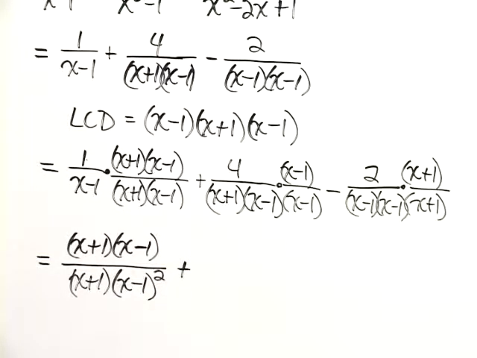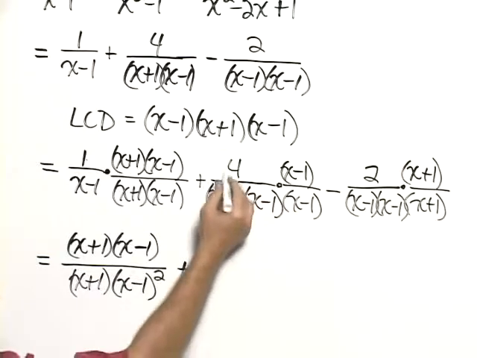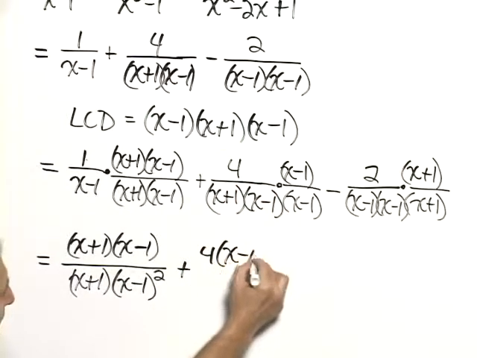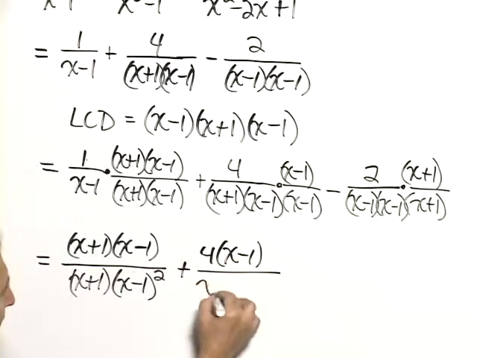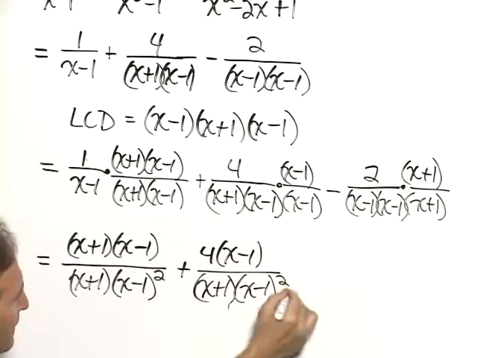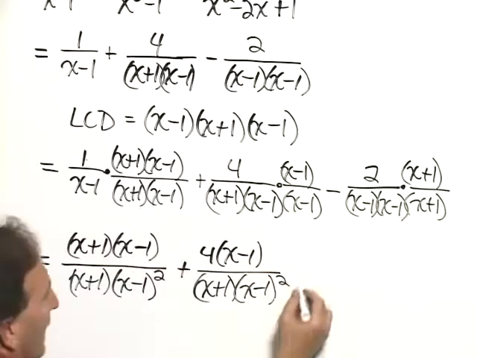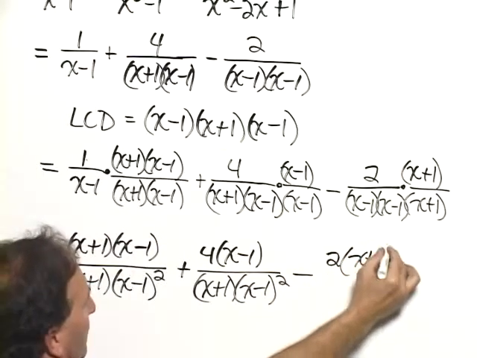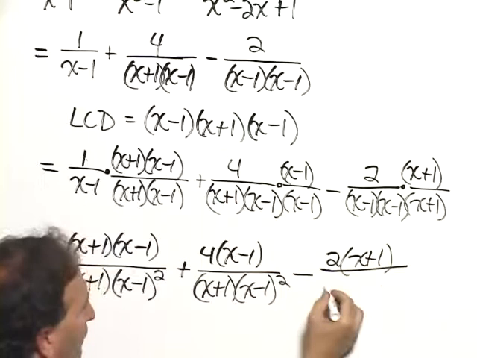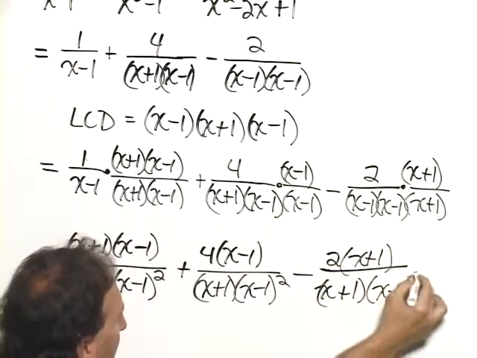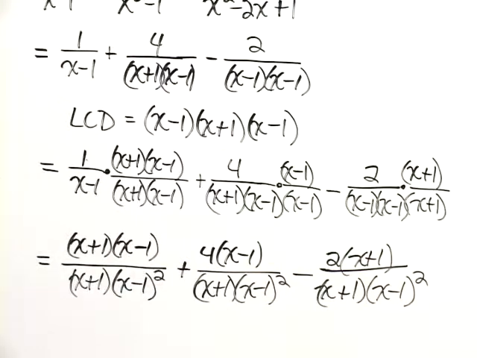Then, for the second term, we multiply 4 times x minus 1, and it goes over the same LCD, which I will write as x plus 1 times x minus 1 quantity squared. And for the third term, we're multiplying 2 times x plus 1 over that common denominator, x plus 1 times x minus 1 quantity squared.